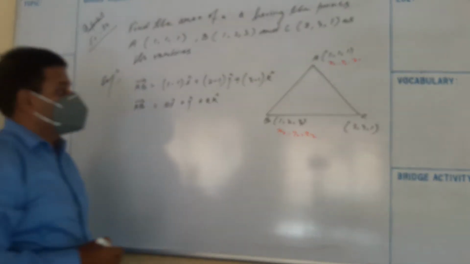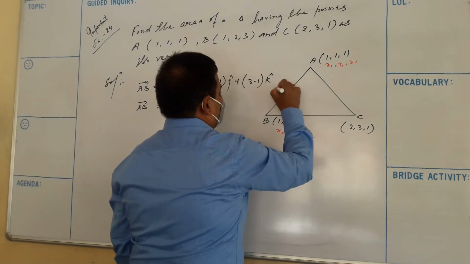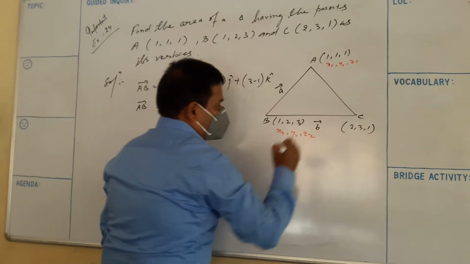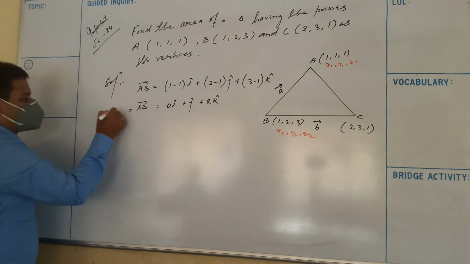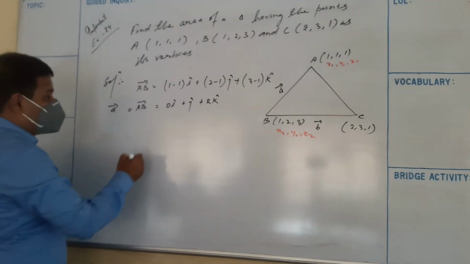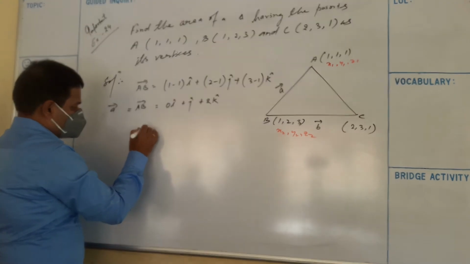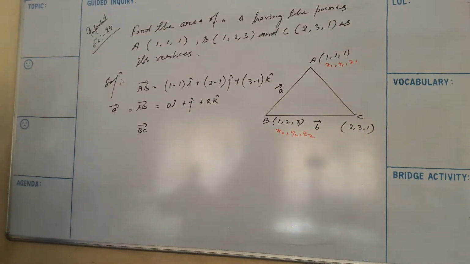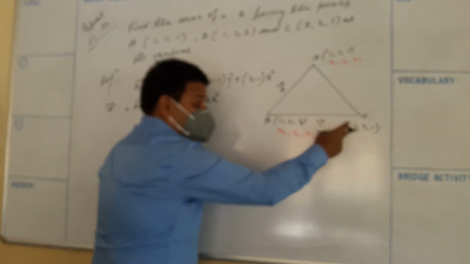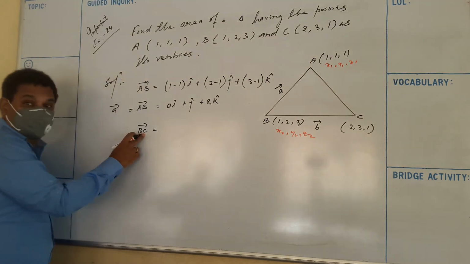Suppose this is vector A. Now find vector BC. C is the terminal point.